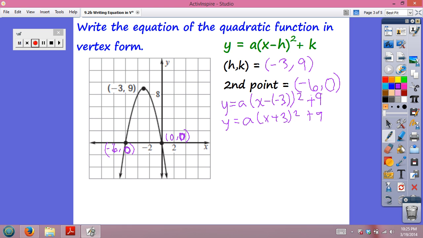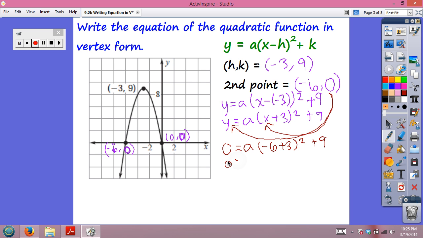The second thing we're going to do is plug in the values of our second point into our x and y values of the equation. So our y equals 0, so we get 0 equals a times, if x equals -6, (-6 plus 3) squared plus 9.